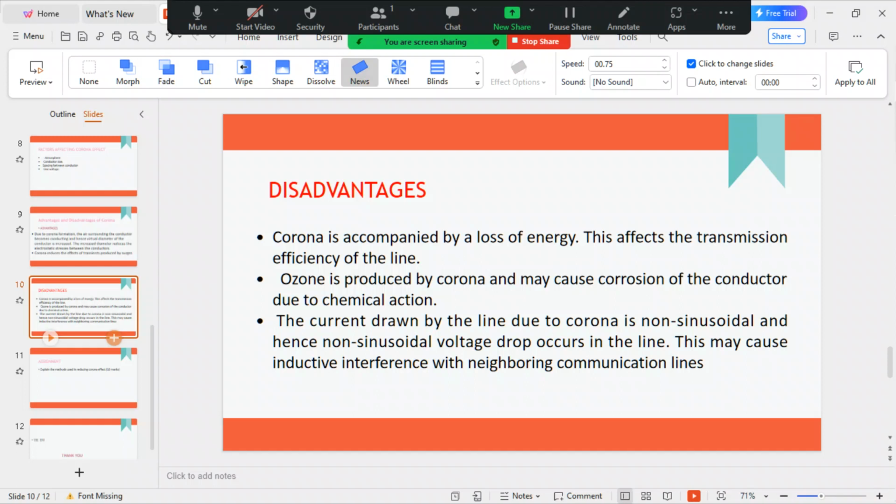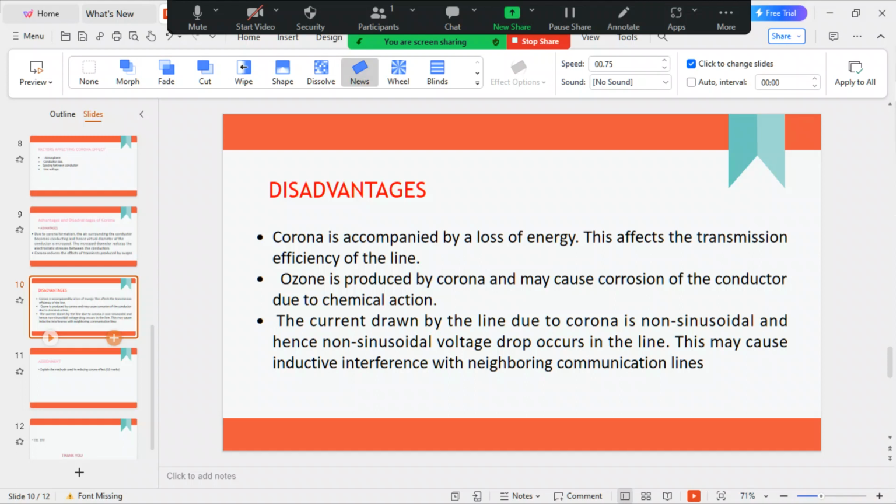As we discussed earlier, corona is brought about by the creation of ozone around the conductor, the glowing and the hissing sound. So this ozone produced by corona may cause corrosion of the conductor due to chemical action. The current drawn by the line due to corona is non-sinusoidal and hence non-sinusoidal voltage drops occur in the line.